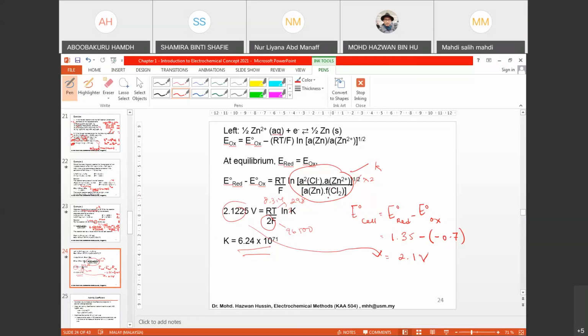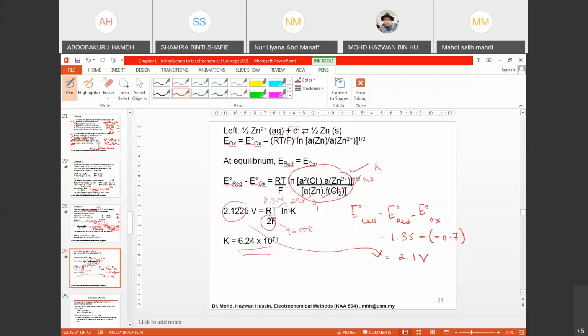As I mentioned to you earlier, for the gas, this one we will cancel off, and this one also we will not consider, we consider it equal to 1 because this is actually solid. Okay. So since we have a power of half, because the equation is written like that, and we use like 1e, I just multiply it with 2, and then this will be 1, and this one will be like 2.